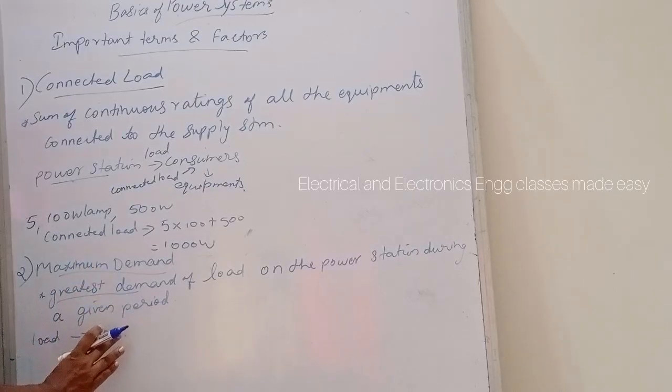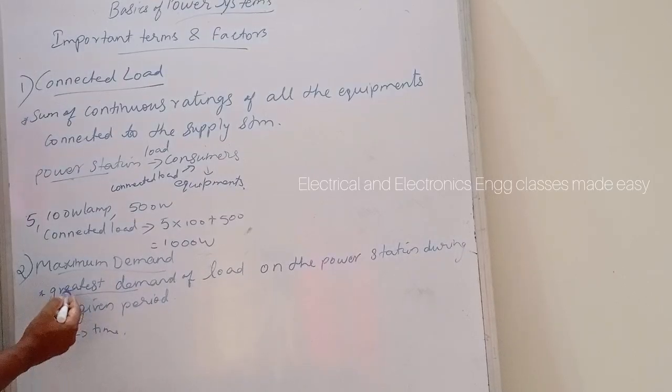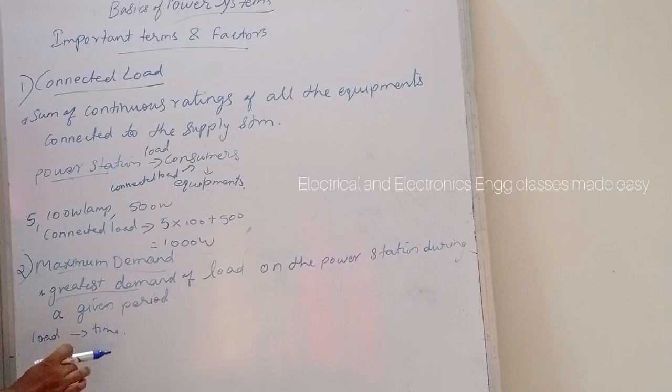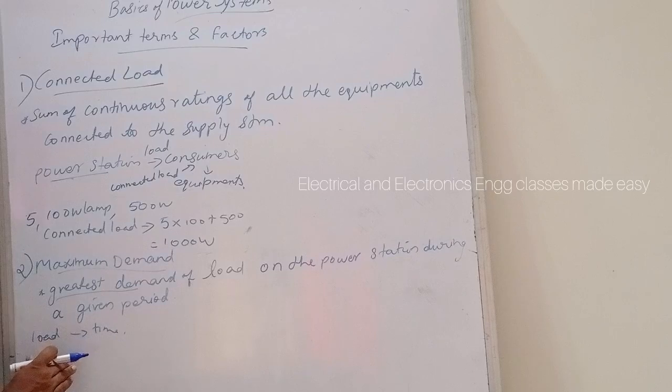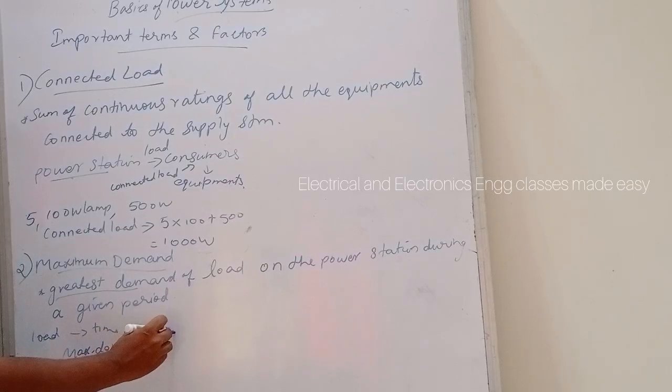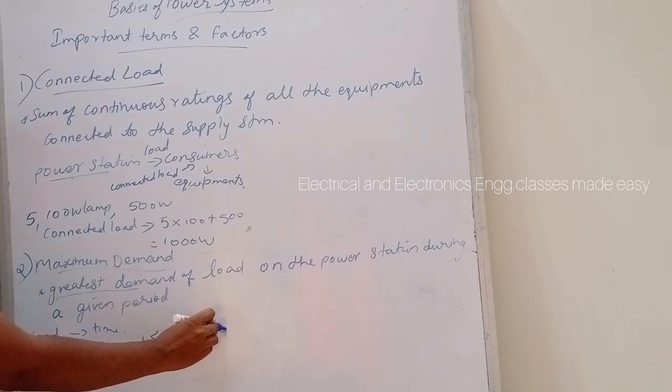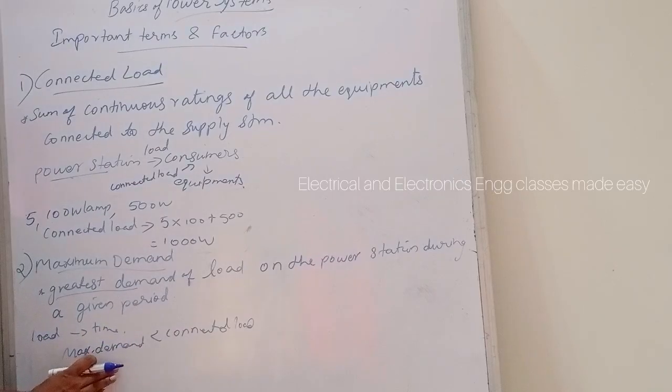So a power station has several loads, and the maximum of all the demands that have occurred during a given period is the maximum demand. And the maximum demand is generally less than the connected load, because all the consumers do not switch on their connected load to the system at a time.